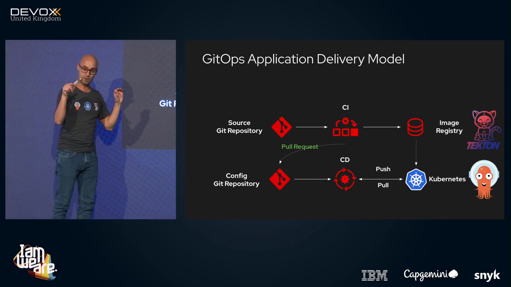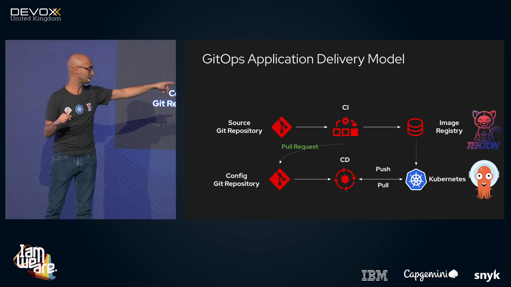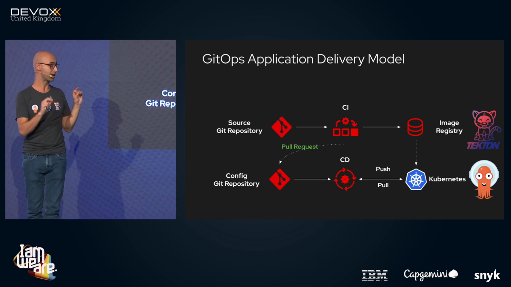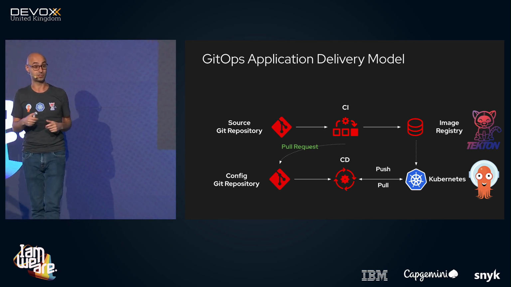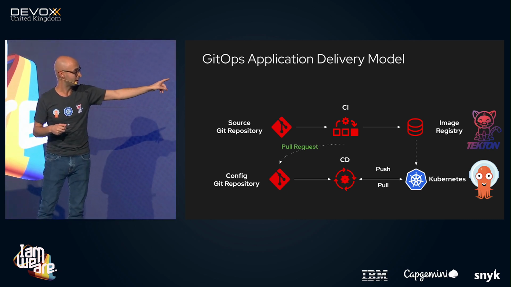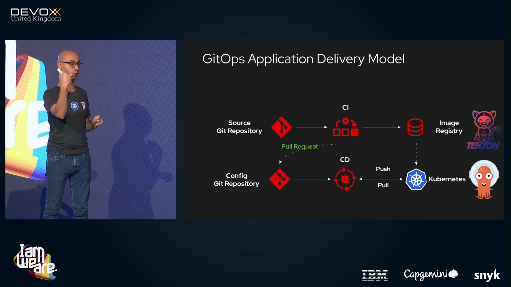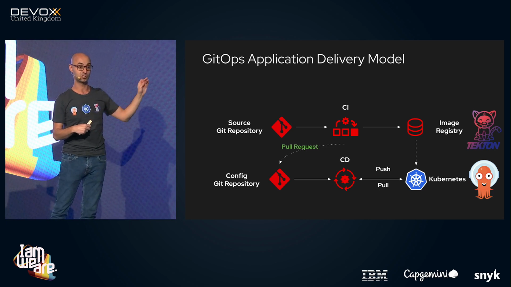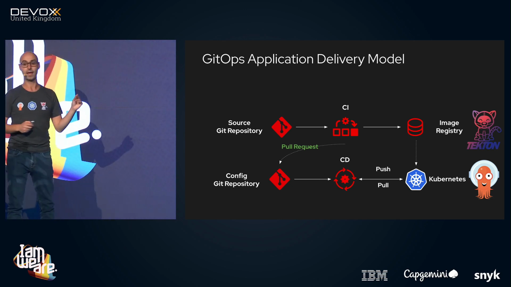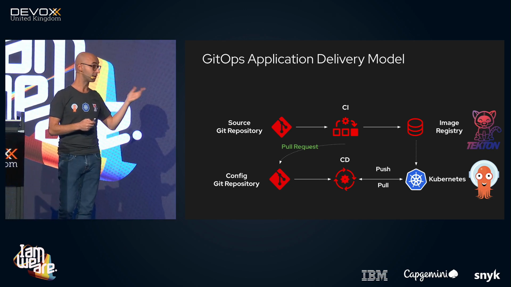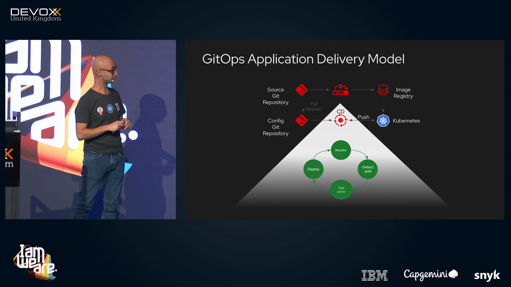We send the pull request, we merge it, and then we've got the continuous delivery process, which basically reads this change, so detects that there is a change, and then goes to the image registry, pulls the image, and pushes that change to Kubernetes. And in the Kubernetes world, this is done using ArgoCD.